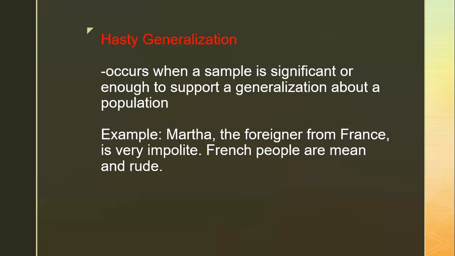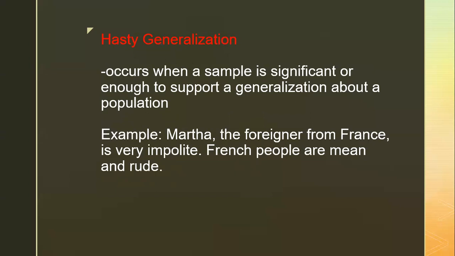Next is hasty generalization. It occurs when a sample is not significant or enough to support a generalization about a population. This is also called faulty or sweeping generalization, meaning you make generalization based on samples that do not represent the entirety of the population.